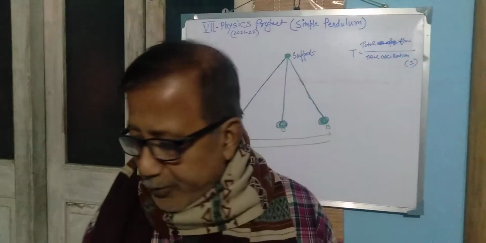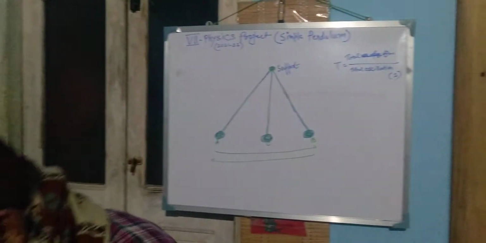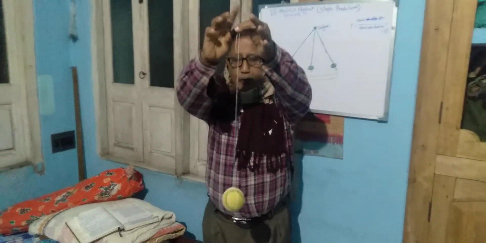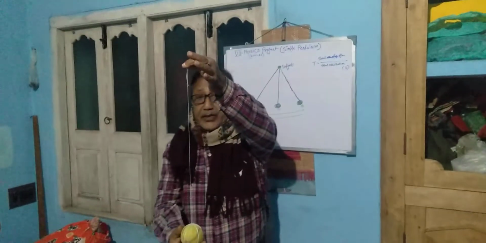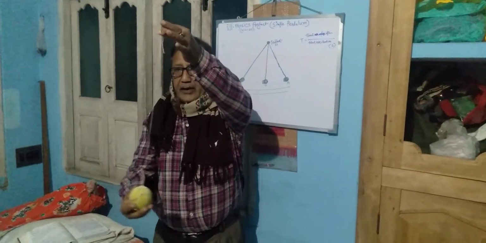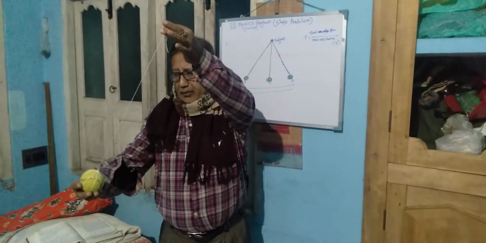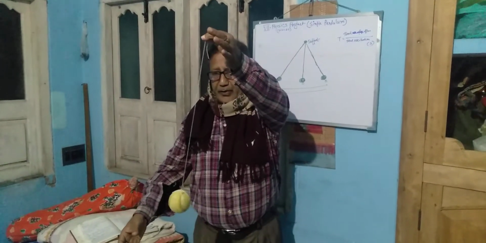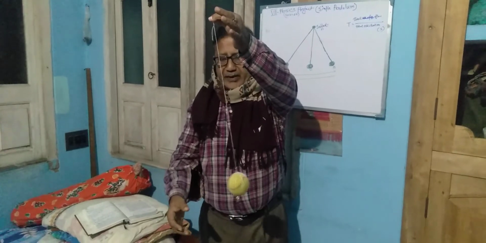Now here, to demonstrate, say this is the pendulum. It is tied with a thread, and say this is the support. Now it is at the central position. Now what you do, you hold it, take it to this length, and then release. So this will oscillate. It is oscillating.